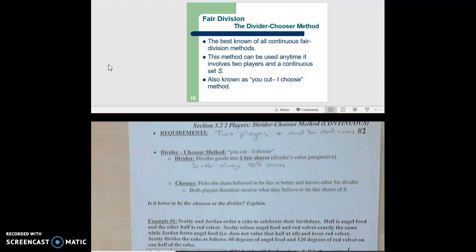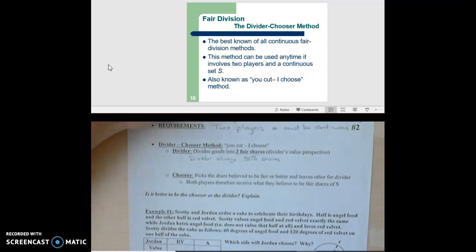You're going to get that 50% of whatever it is. A piece of cake is always the common example here. So the divider is always going to get what they deem to be 50%.